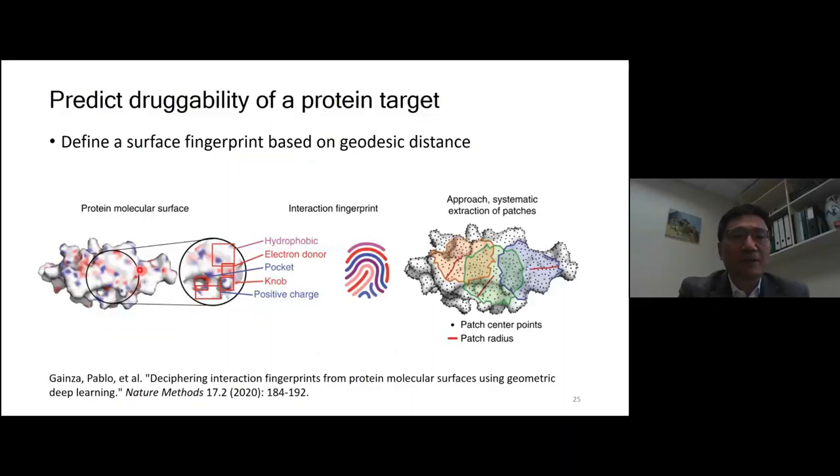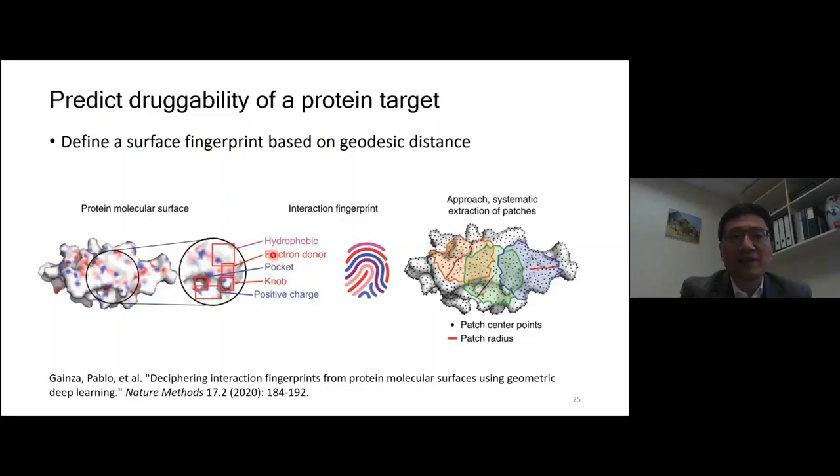So this is the protein surface, and the different colors represent, for example, gray or metallic white for hydrophobic or neutral, blue for positively charged, and red for a negatively charged group. Therefore, you can see on the protein surface some parts are negatively charged, some parts are positively charged, and some parts are neutral or hydrophobic.